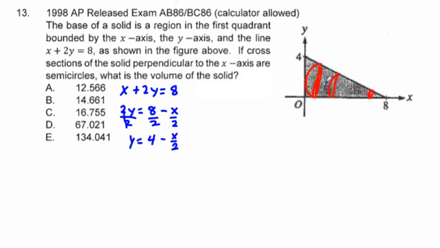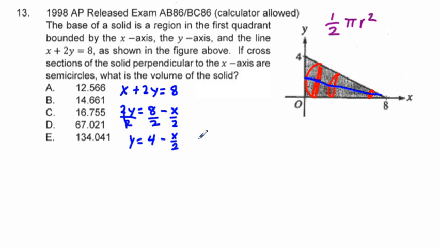Now, if we go back to our drawing here, the thing we have to be concerned about is that the area of a semicircle is going to be 1/2, because we're talking about the top of that circle, pi r squared.